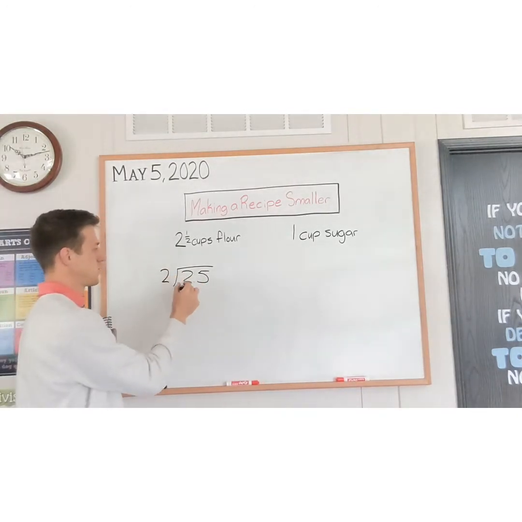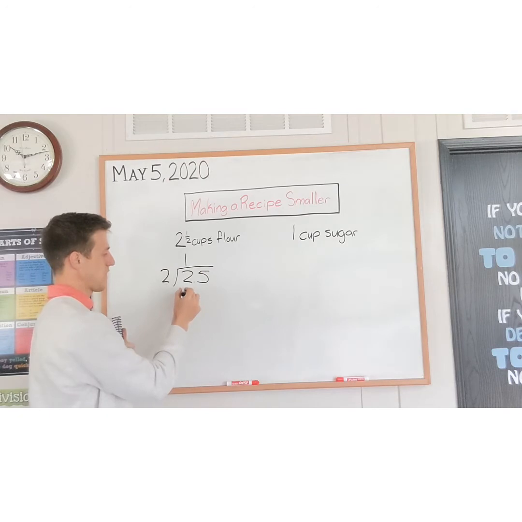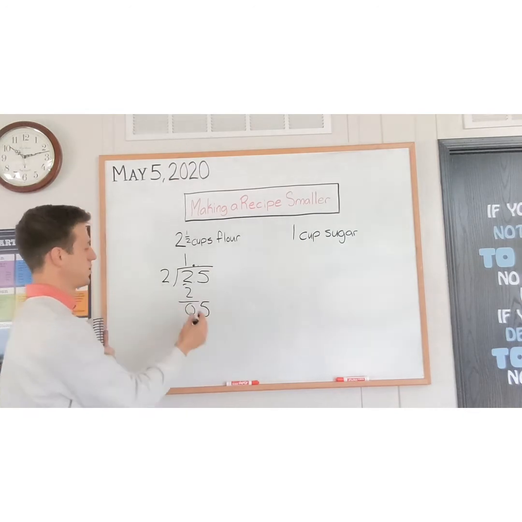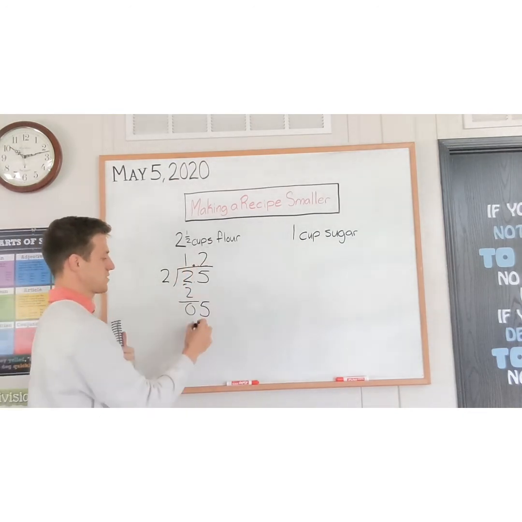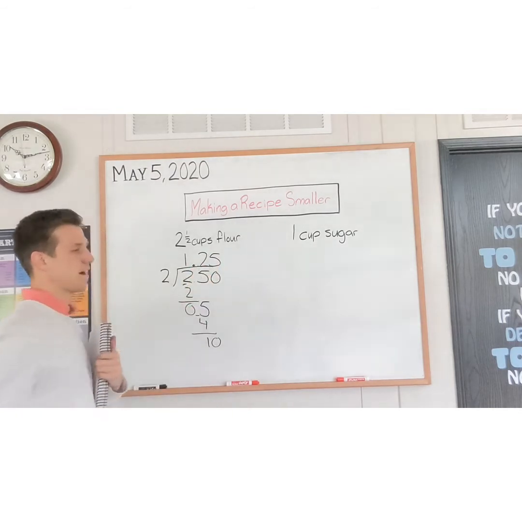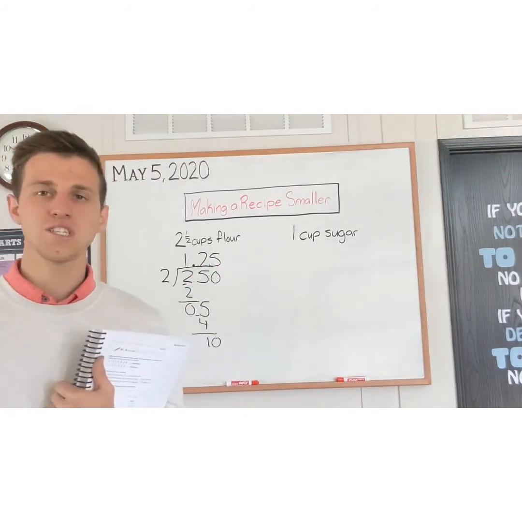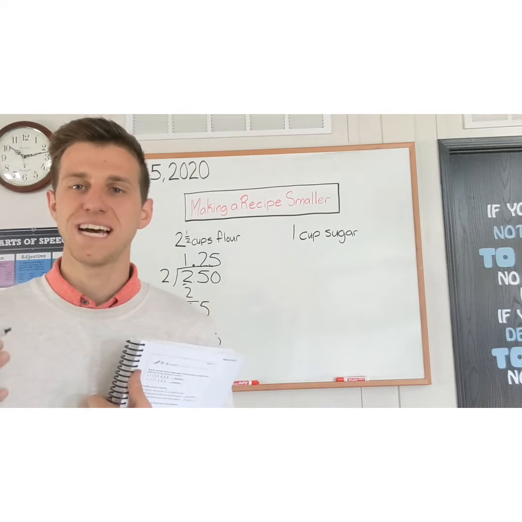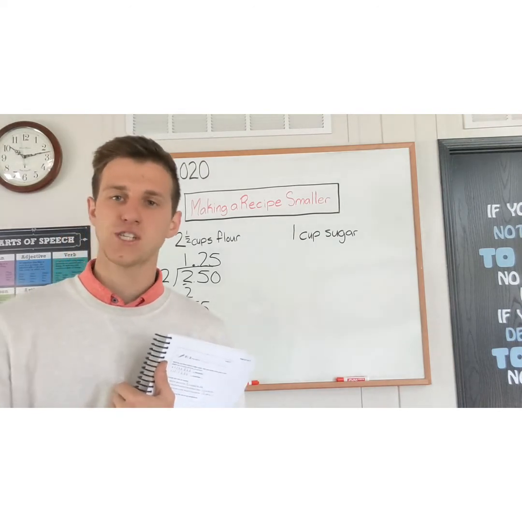0.50, right? So we can drop our zeros, we can put our 5 there, and we're gonna divide by 2. 2 goes into 2 one time, so we subtract, we have nothing left. Put our decimal point up here and bring our 5 down. 2 goes into there twice. Now we're gonna annex a 0 to finish our division. 2 goes into 10 5 times. So we have 1.25. And in recipes, we don't use decimal places. We use fractions, okay?